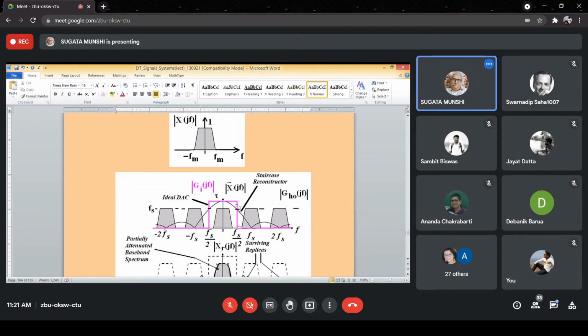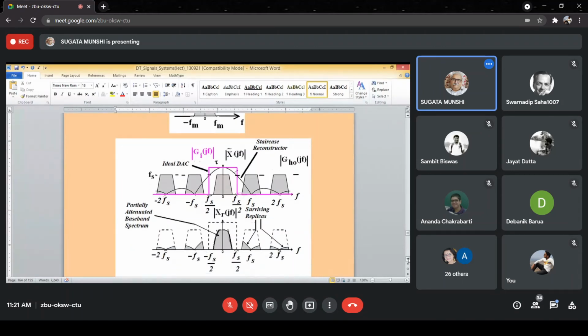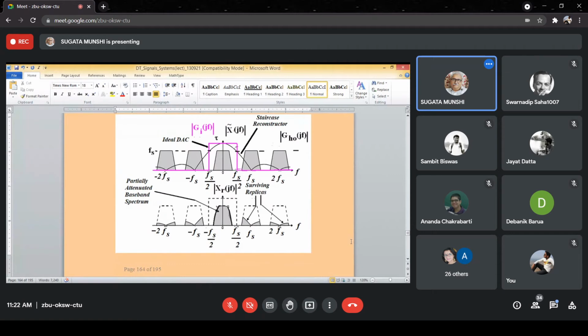In some books such terms may or may not come, so that you understand, I am using different types of names to describe the same thing. Here minus fs/2, this fs/2 will have a negative sign.